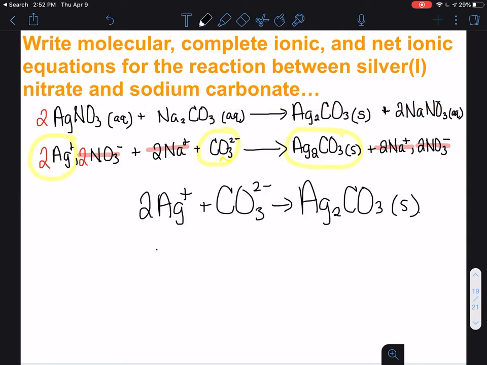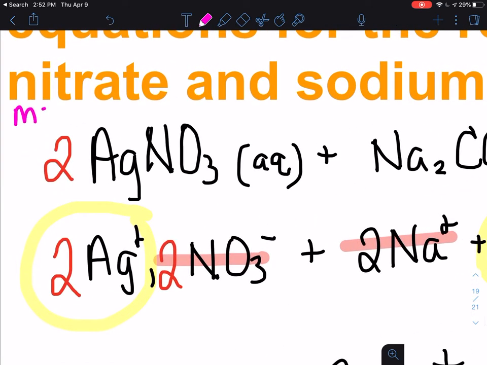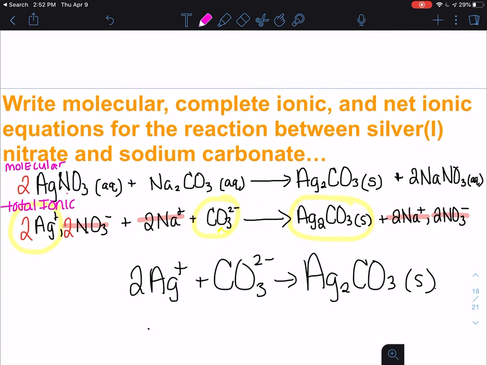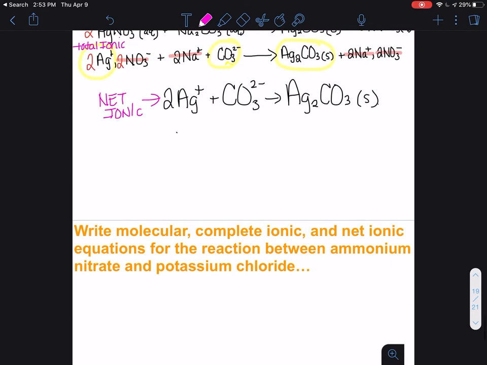So again, this is my molecular, this is my total or complete ionic, and then this is the net ionic.